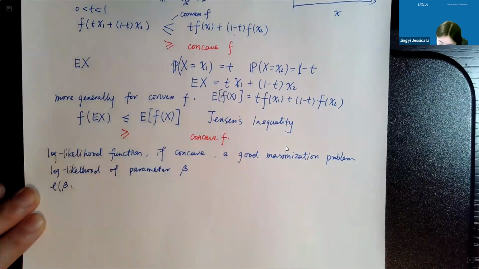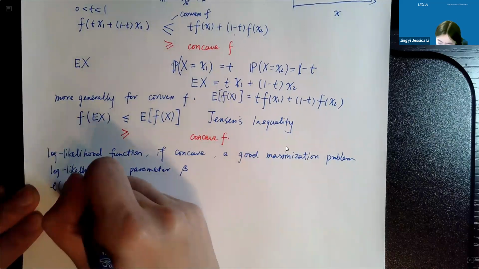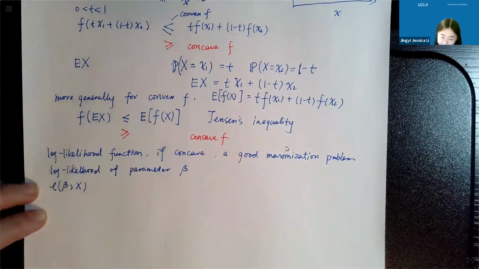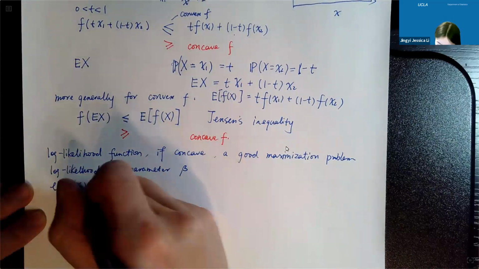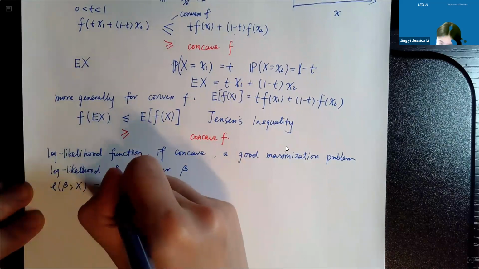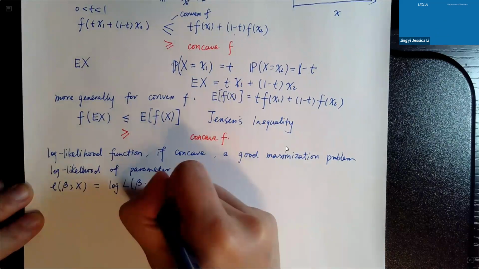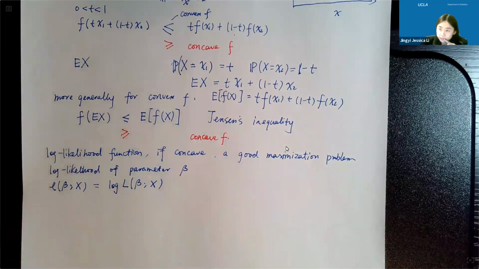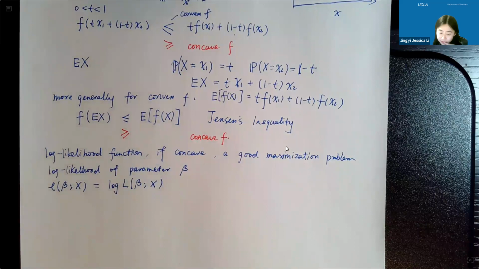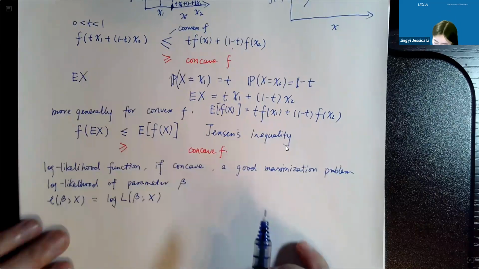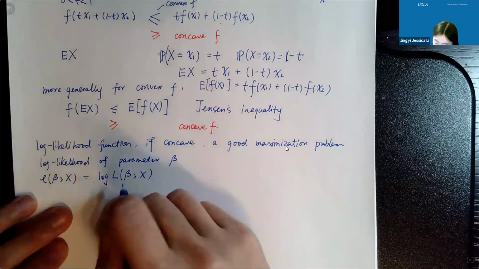So we call that log L of beta given our observed data X, right? And this is defined as the log function of the likelihood of beta given X. We can actually write this as the marginal likelihood.